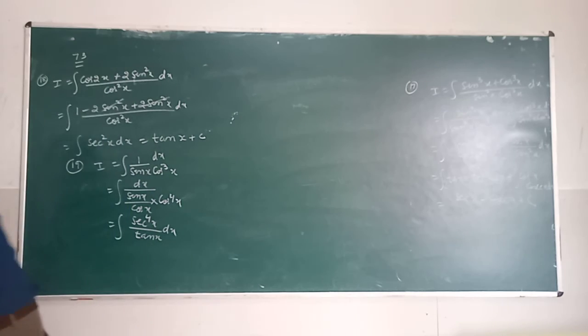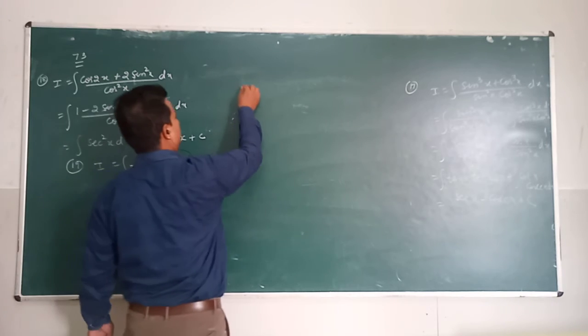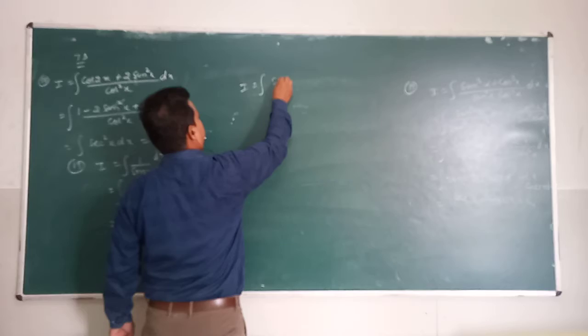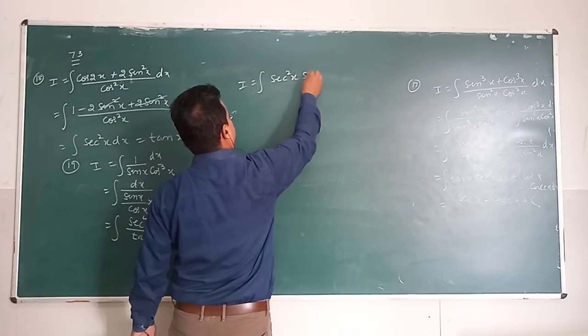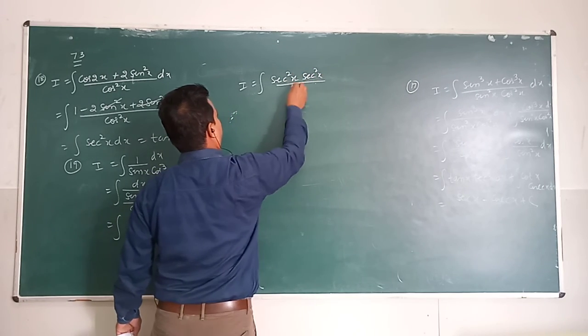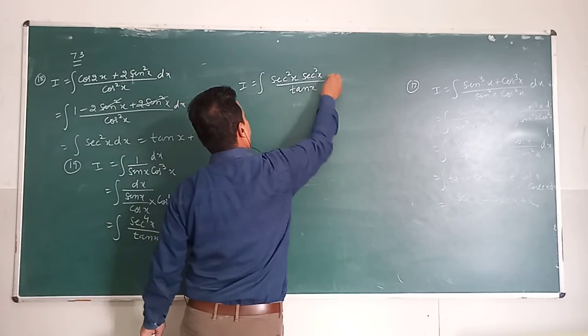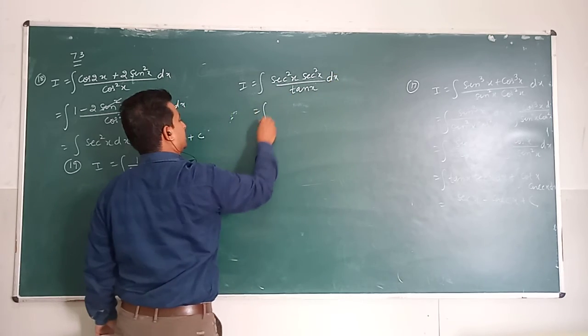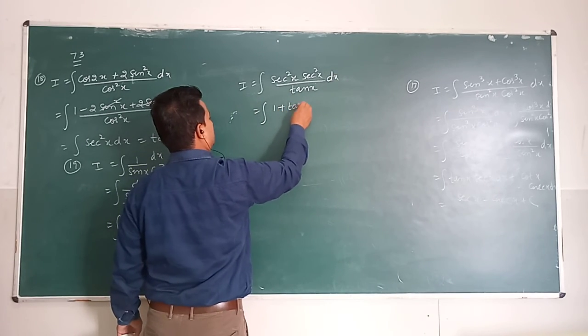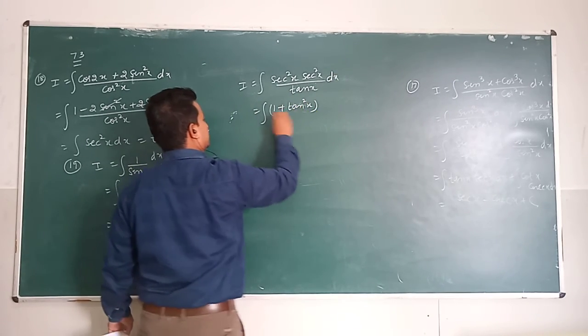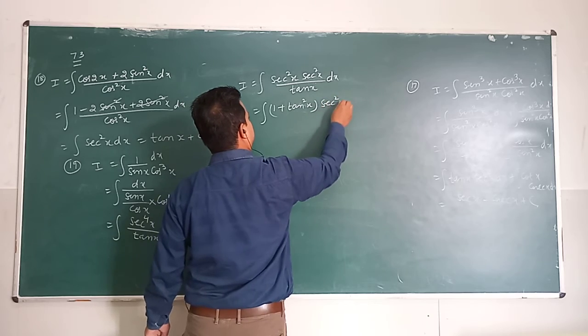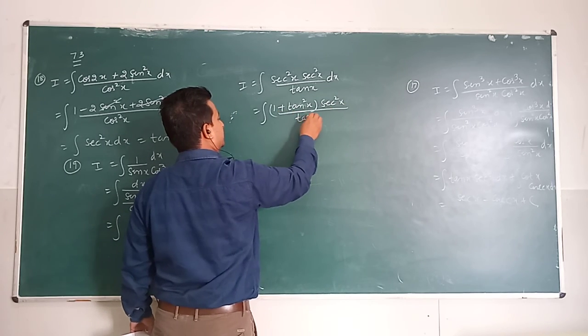So we write I is equal to secant square x into secant square x upon tan x, and convert one of the secant square x into 1 plus tan square x. So this is secant square x upon tan x.